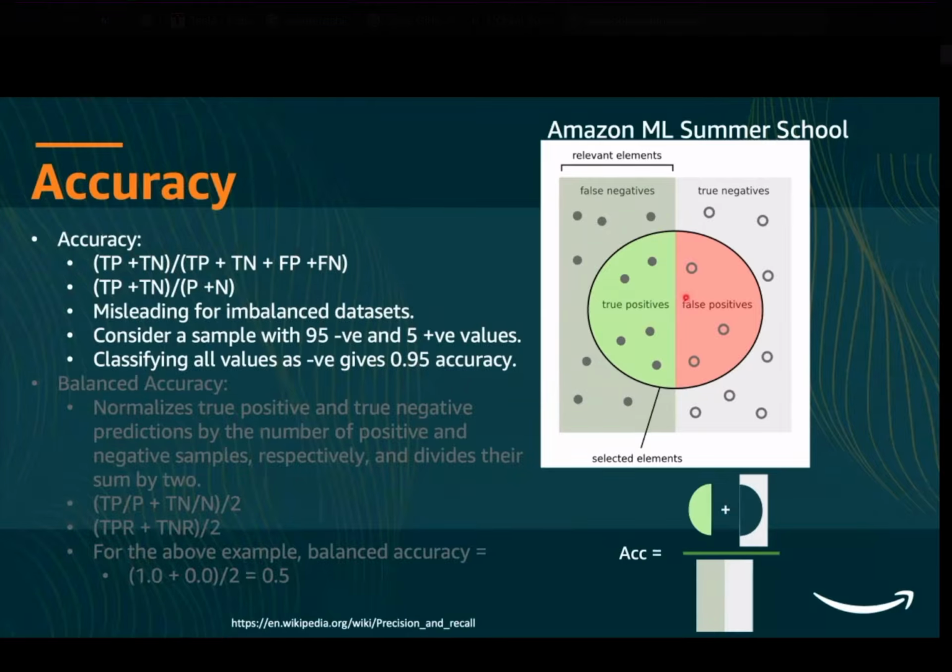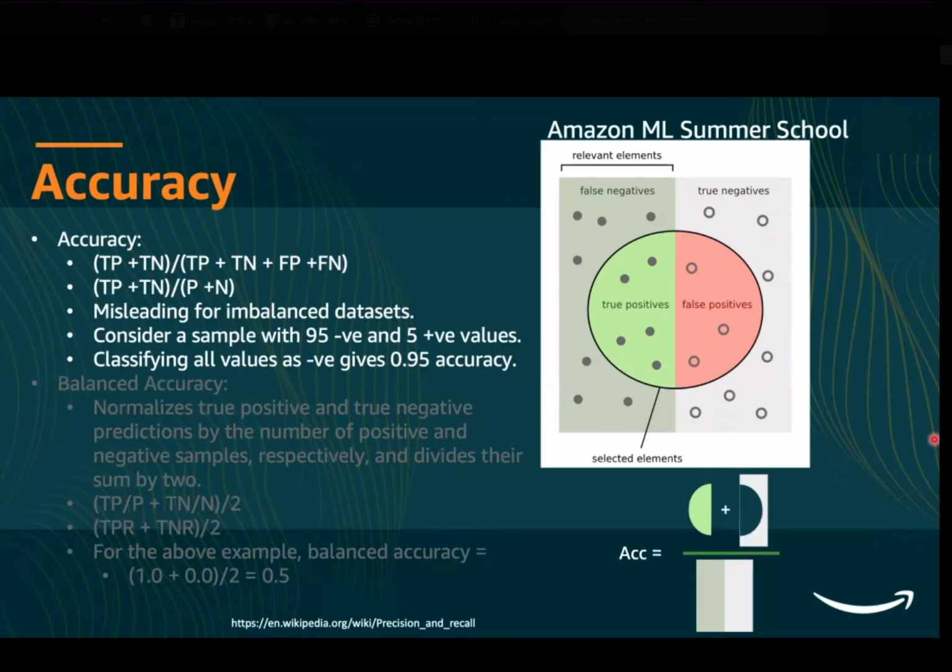The total correct predictions were this green block and this part of the square where the model has predicted the true negatives. So it's basically the sum of true positives plus true negatives divided by the total number of samples. However, for an imbalanced data set, wherein the number of samples of one class is much higher than the number of samples of the other class, the accuracy metric is misleading.